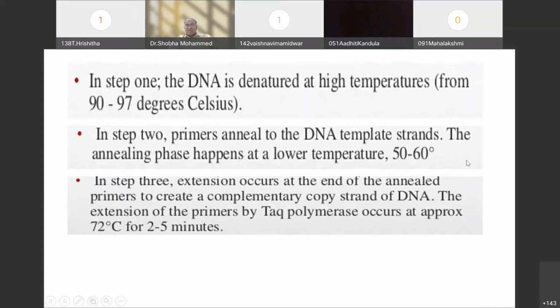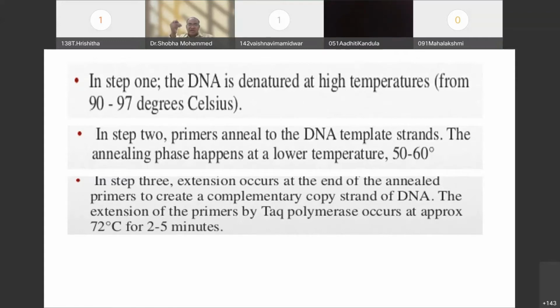I have shown you that animated picture. Of the two primers present here, one will start from the 5 prime end and one will start from the 3 prime end. In between the 3 prime and 5 prime, I have an attachment of these primers, and the primers will start synthesizing and placing the new nucleotides.